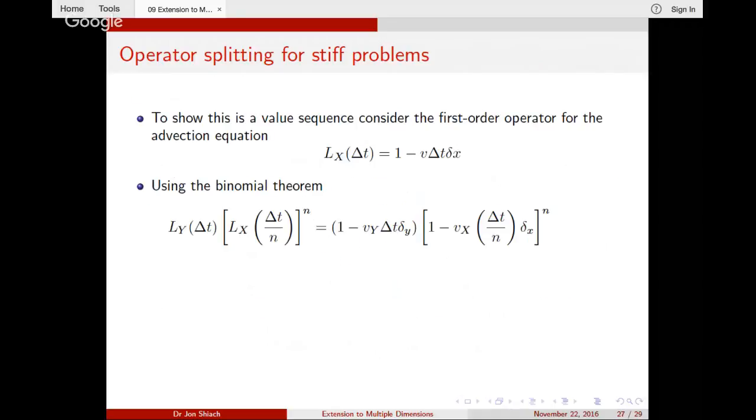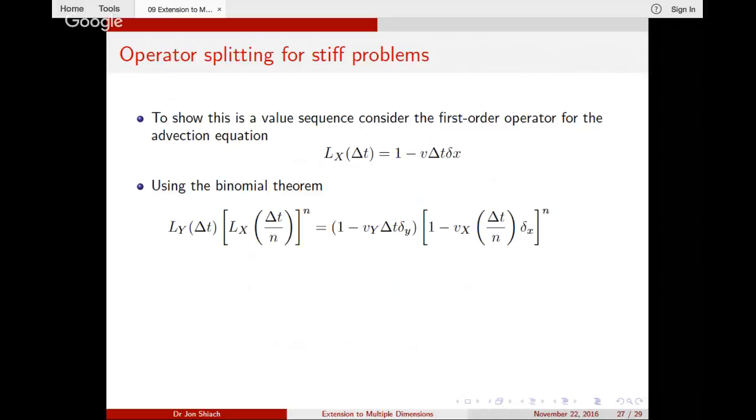We have to show that's valid. So I'm just going to use the first order one, without loss of generality. This proof also extends to order n. There's the first order operator for the advection equation. I'm going to use n lots of the x solution for delta t over n, followed by one lot of the y solution for delta t.